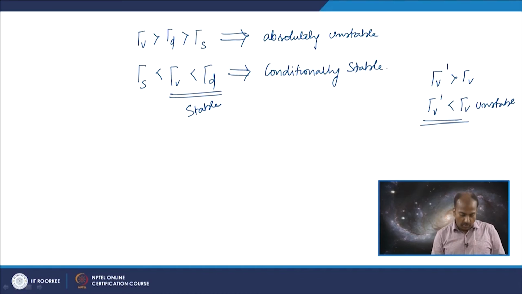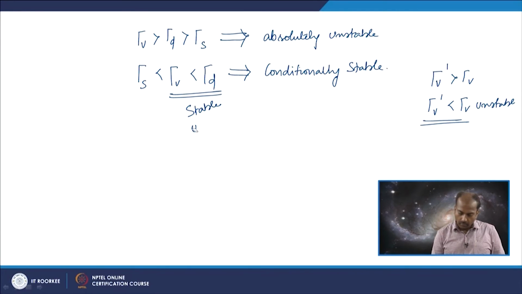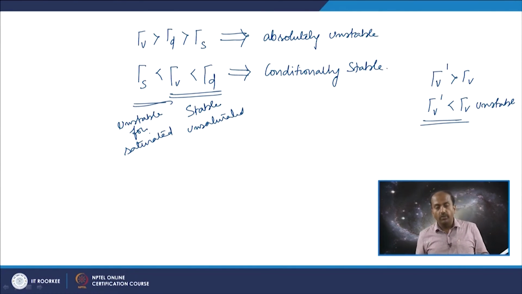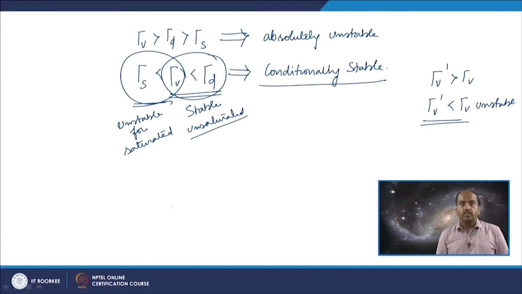So this air parcel is stable for unsaturated parcels, and at the same time, if you break the condition into two, it is unstable for saturated parcels. So, the same condition written in two different ways. If this part is satisfied, it is stable for an unsaturated parcel, and this part is unstable for a saturated parcel. This is called the conditionally stable criterion.